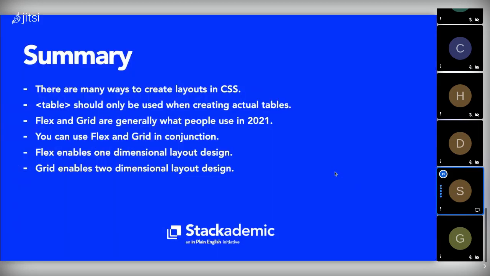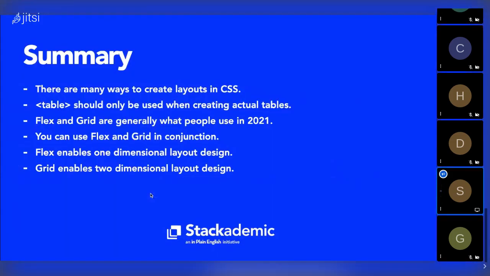So just to summarize, there are many ways to create layouts in CSS. Tables, or the table element, should only be used when creating actual tables. Flex and grid are generally what people use in 2021. I put 2021 instead of today because, for all we know, a few years from now, there could be something better that arrives.